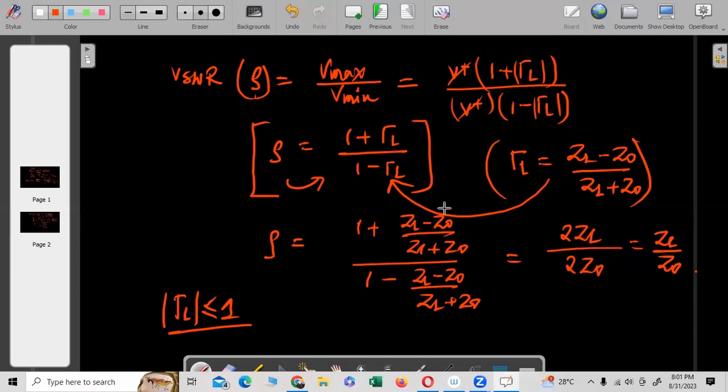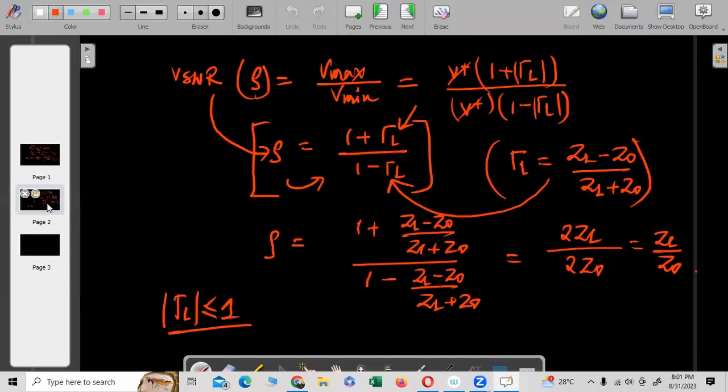Now we will be discussing some of the characteristics of this reflection coefficient and VSWR. VSWR we can easily get from this expression. Once we get this gamma L, we can easily substitute and get this VSWR. Sir, can you repeat that mod of gamma L less than or equal to 1?